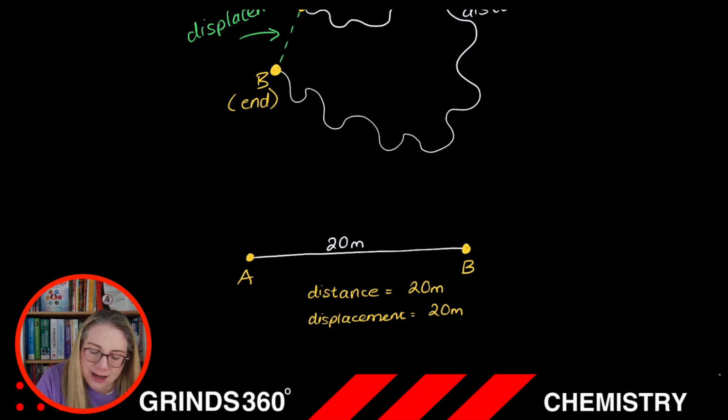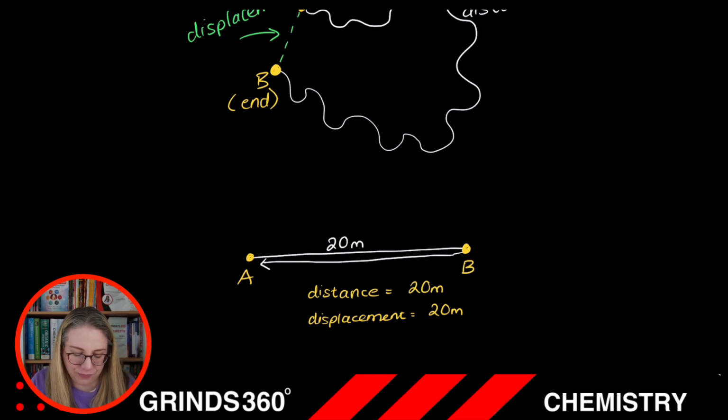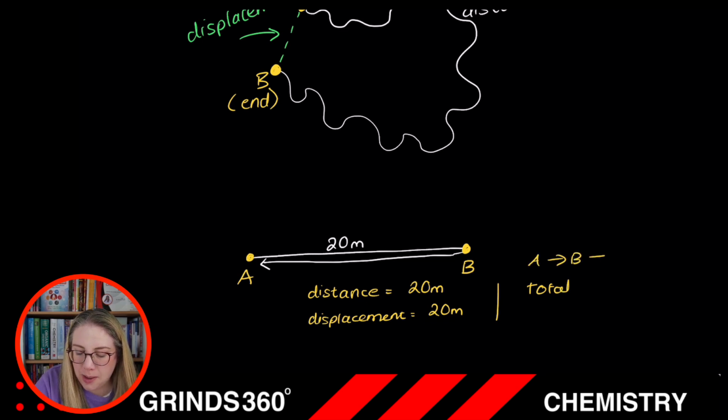If that person then walked back from B to A, what is the total distance that they traveled when they went A to B, back to A again? Well, they've covered 20 to get from A to B and another 20 to get from B back to A. So they've traveled a total of 40 meters.